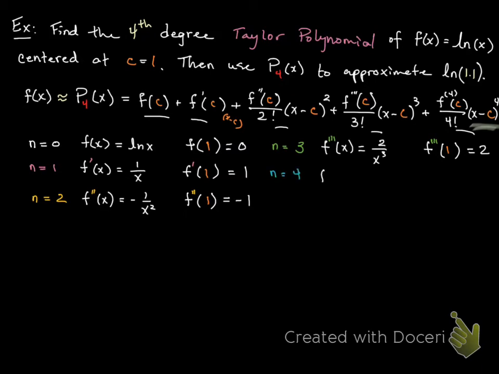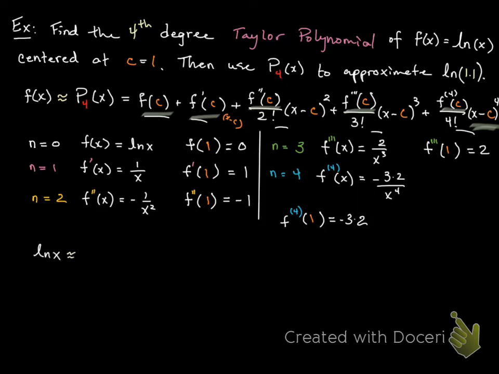Fourth derivative, this is the last thing I need here, is going to be a minus 3 times 2 over x to the 4th. I'm out of room. Plug in 1. That's a minus 3 times 2. Okay. Now, all of these are going to show up here in my series as the coefficients. Okay. And then I'll simplify.